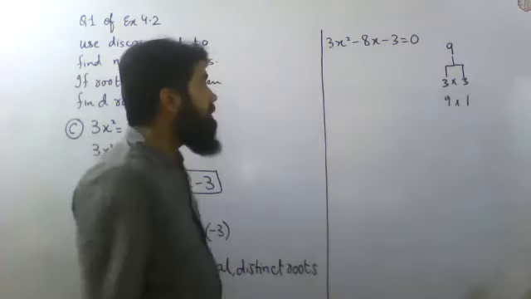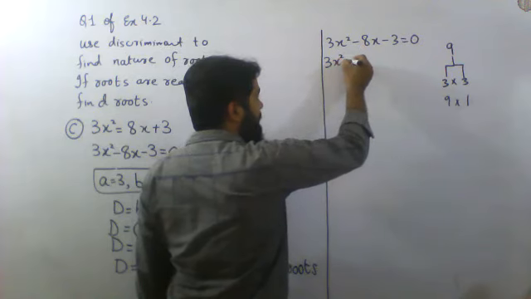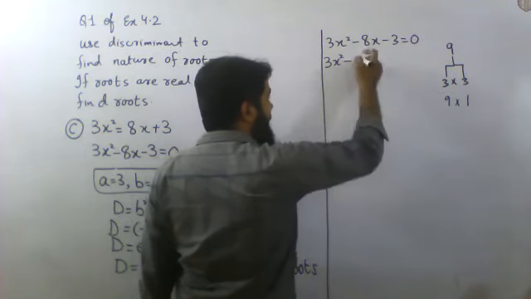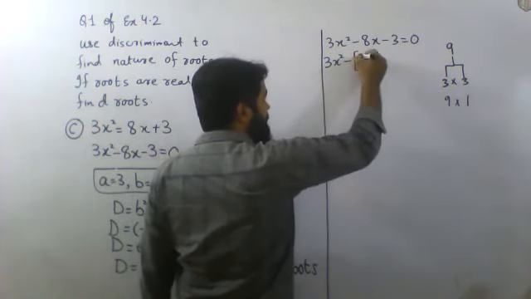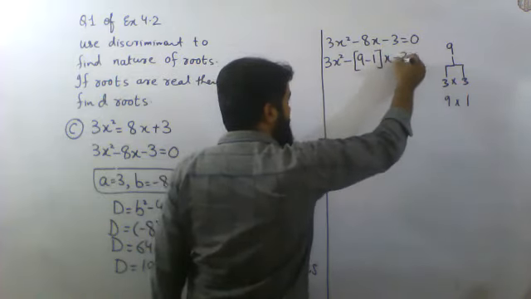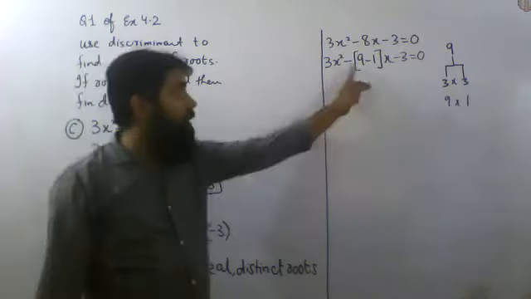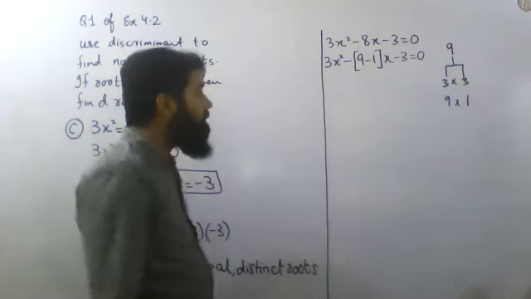So 3x square minus, in place of 8, I'm going to write 9 minus 1, x minus 3 equals to 0. But don't solve it, just expand it.